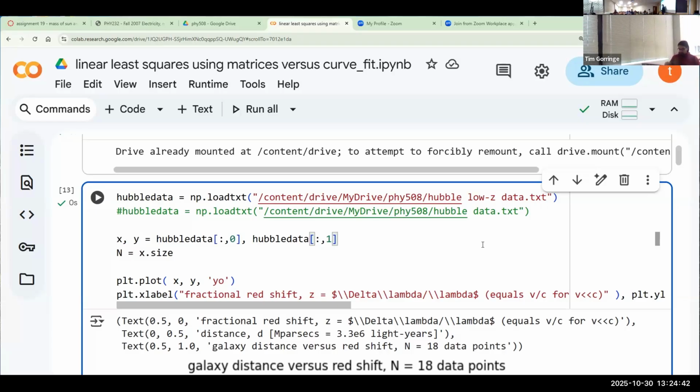The X variable is going to be the redshift. Maybe I should have given it a different name. The Y variable is going to be the distance. And then I'm going to plot the data so we can take a look at it.